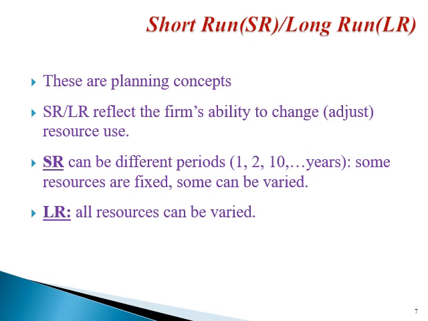For the fixed inputs, you have fixed cost, and for the variable inputs, you have variable cost. In the long run, everything is variable. There is no classification for inputs to be fixed or variable, and as a result, there is no classification for the cost in the long run to be fixed or variable. All costs in the long run are variable because everything is possible in the long run.